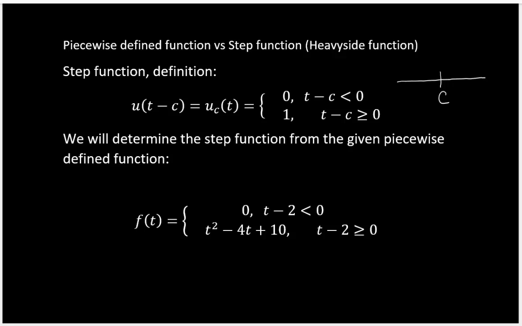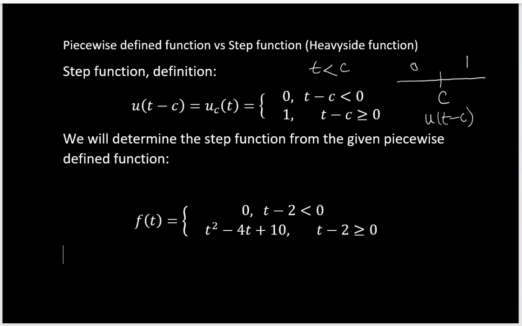When you say t - c < 0, we can say t is less than c. So we put a c here. When t is less than c, the value is 0. And when t is greater than or equal to c, it is 1. So this can be written as u(t - c) as a step function.